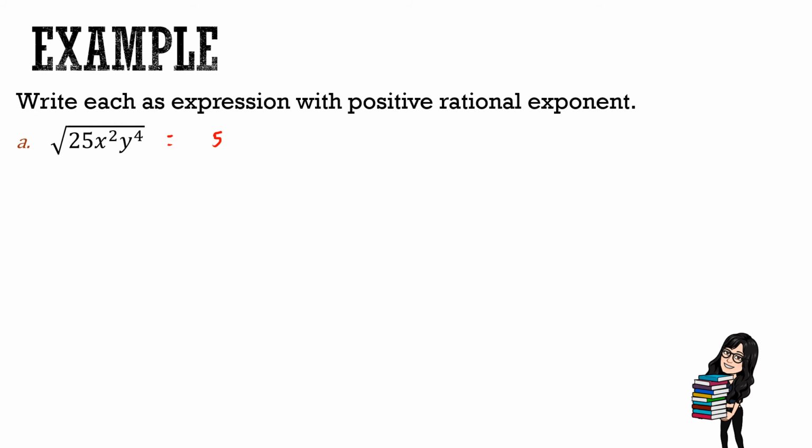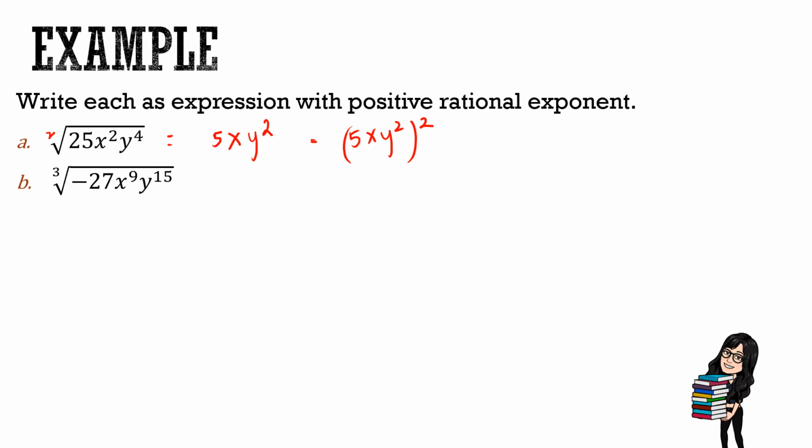Since the index is not visible, that will be 2. We have x squared, so 2 divided by 2 is 1, so we have x. Then y to the fourth, so 4 divided by 2 is 2, so we have y squared. This is also written as 5x y squared.